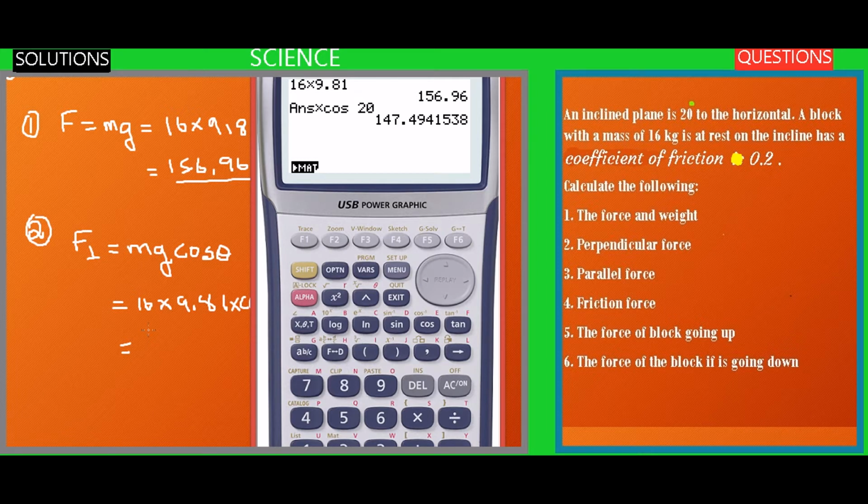So calculating the perpendicular force, we have 147.49.